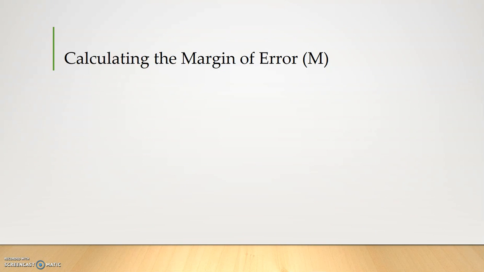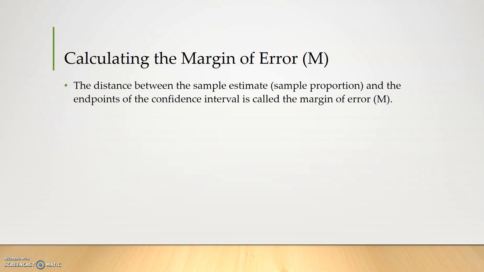Calculating the margin of error. The distance between the sample estimate or the sample proportion and the endpoints of the confidence interval is called the margin of error, and we use the letter M to stand for that.